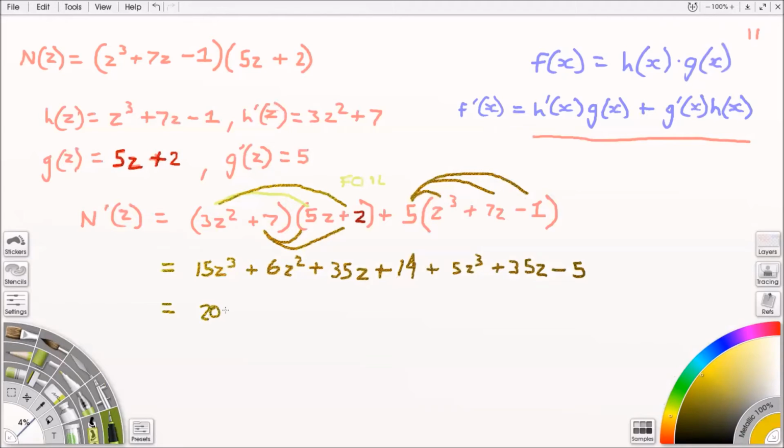20 z cubed. It's like I've come a long way in these 11 days. Mistakes I used to make, I'm not making so much anymore. I like marking, it just helps me distinguish what the like terms are.